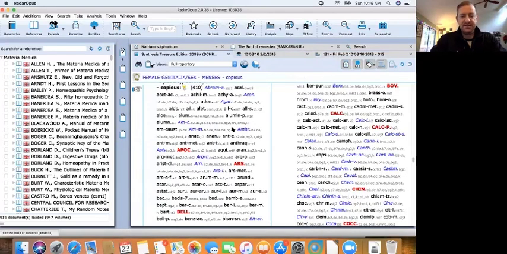Once a rubric gets over somewhere in the range of 100 to 150 remedies, it becomes a lot less important. Good rubrics, unless it's so strange, rare, and peculiar, but good rubrics tend to have somewhere around, I like 15, 20, all the way up to 60 to 70 remedies in a rubric, as a general rule. Okay, it really depends from case to case.